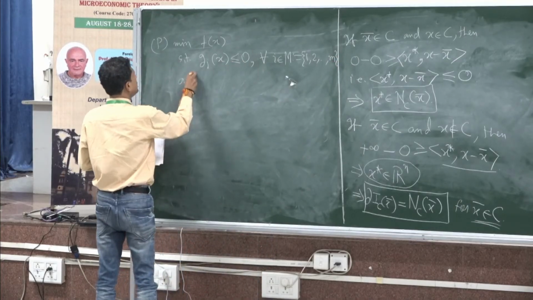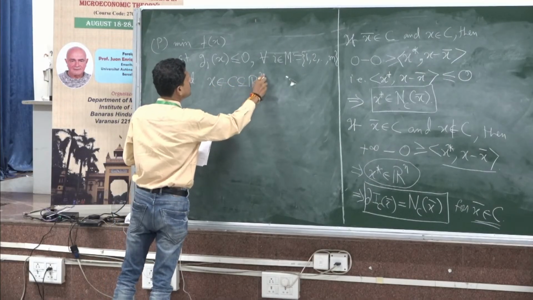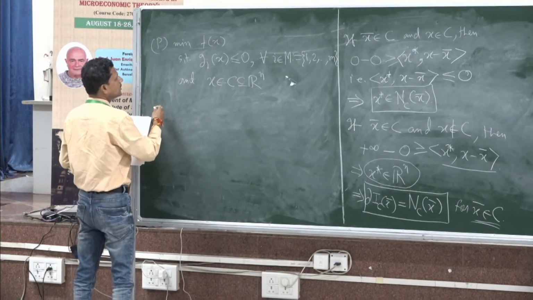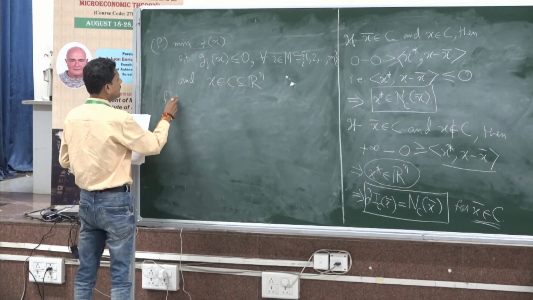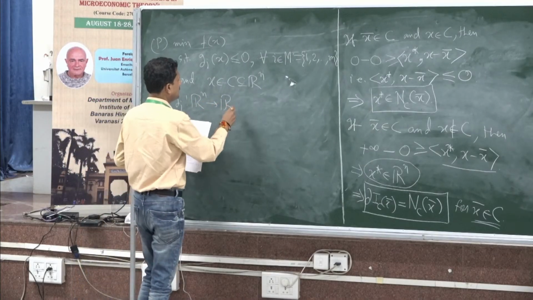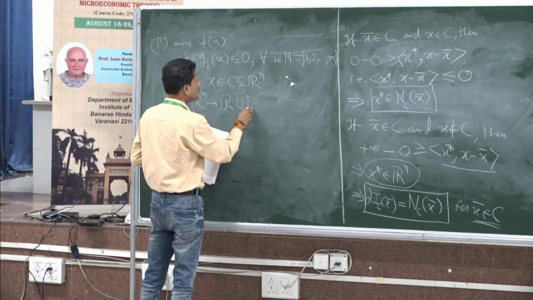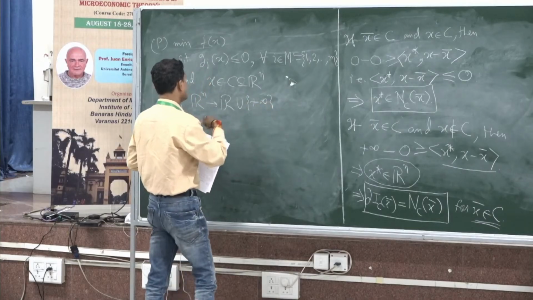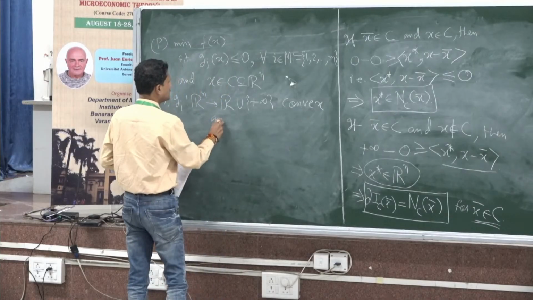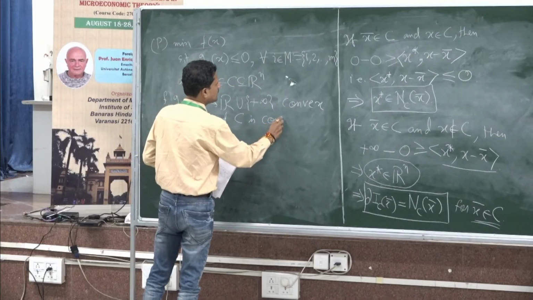And we keep this subset C of Rn which is convex, right? All these functions f and g_i are defined from Rn to R, and we can add also plus infinity. These are convex, and this set C is also convex, right?